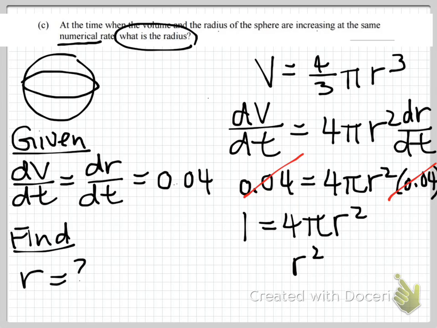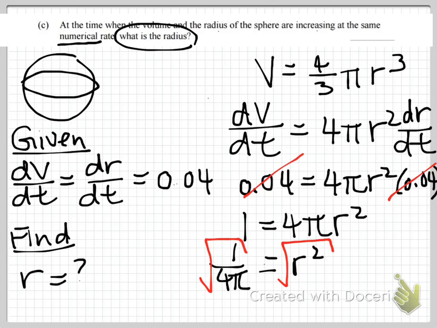So that means r squared equals 1 over 4 pi. The opposite of a square is going to be square root, so I'm going to square root both sides. Usually when I square root both sides, I get two answers, plus and minus.